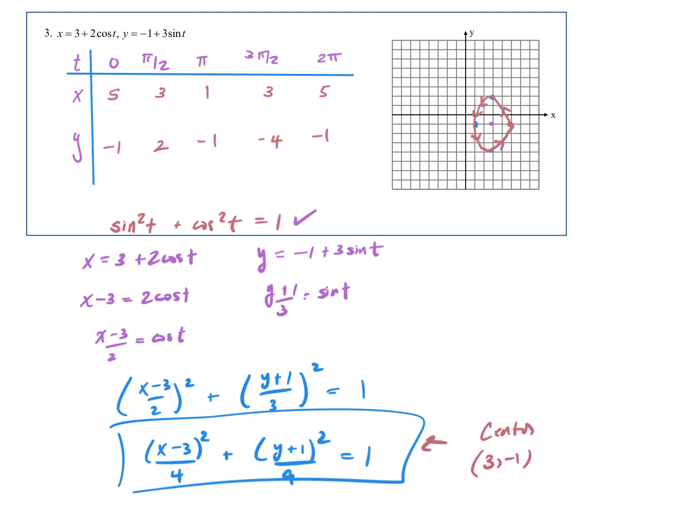We know it's going to be longer on the y-axis because 9 is underneath the y. So you're going to go up 3 on the y and then out 2 on the x. But again, you need to find your start point and then maybe the next point to determine the direction. So probably the chart is the better way to do it, but I think it is very helpful to have in mind what the figure should actually be. In this case, we'd say an ellipse, but again, we need to determine the direction.